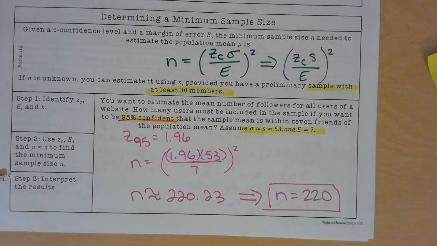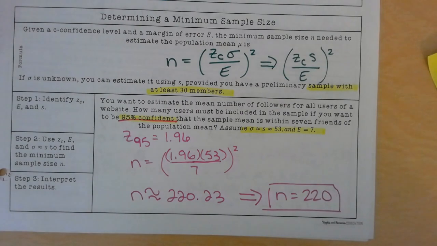If your n, after you do all of this calculation, is less than 30, then you have to know the original population standard deviation. It does not work otherwise. The math will work, but it's irrelevant. Let me put it that way. Your results will be irrelevant.